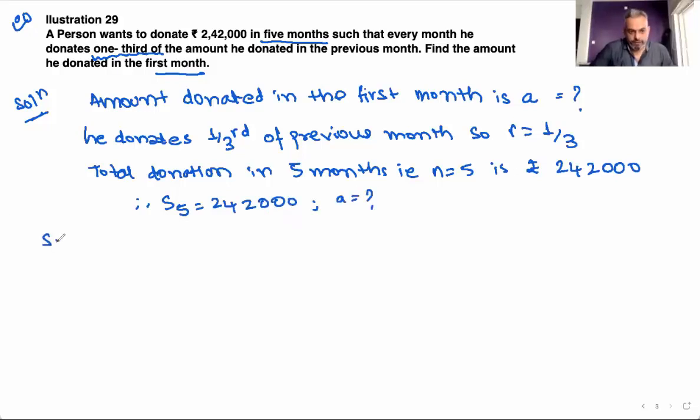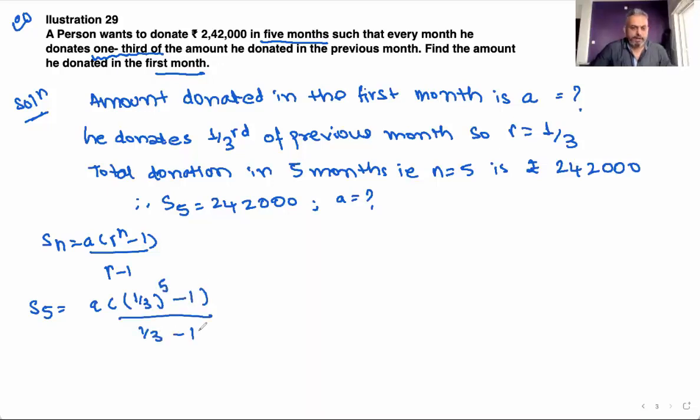So S of n is equal to A into R raised to n minus 1 upon R minus 1. S5 is equal to A into 1/3 raised to n, which is 5, minus 1 upon 1/3 minus 1.